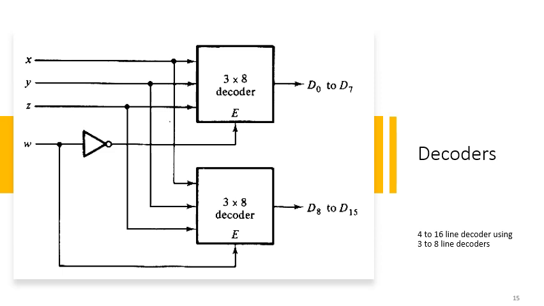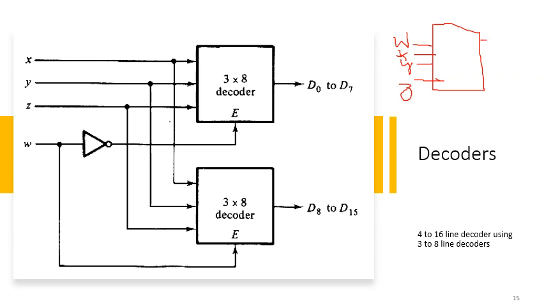Let me draw a block diagram of that particular decoder. W, X, Y, and Z. This is W, X, Y, and Z, where W is being considered as the most significant bit and Z is being considered as the least significant bit.